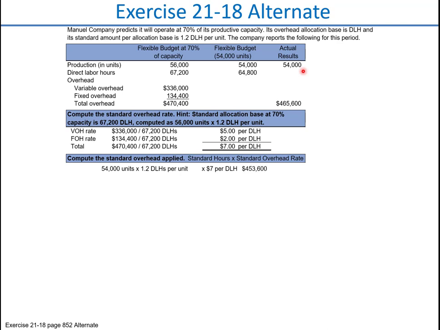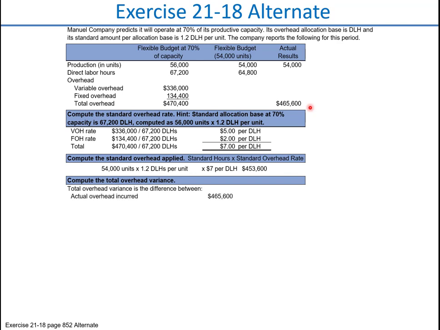And multiplying that by the total of $7 per direct labor hour means the total they should have spent would be $453,600. Here are the actual results. So they spent more than what it should have taken them.